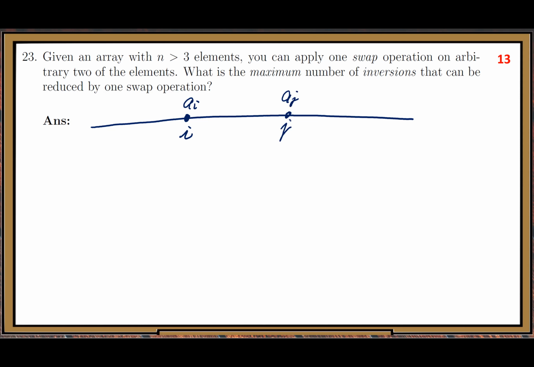Then, for your visual understanding, this line segment is divided into three regions we can consider: region 1, region 2, including A sub I and A sub J, and region 3.